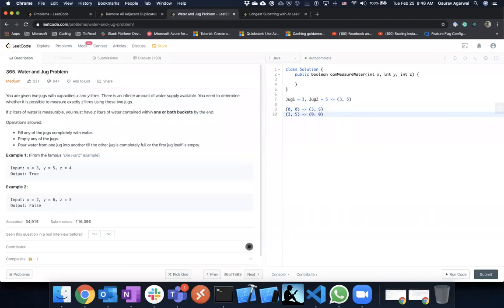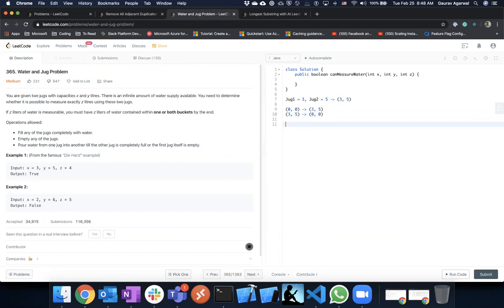Also there can be a case where a jug has some amount of water in it. I will come to that with the third operation.